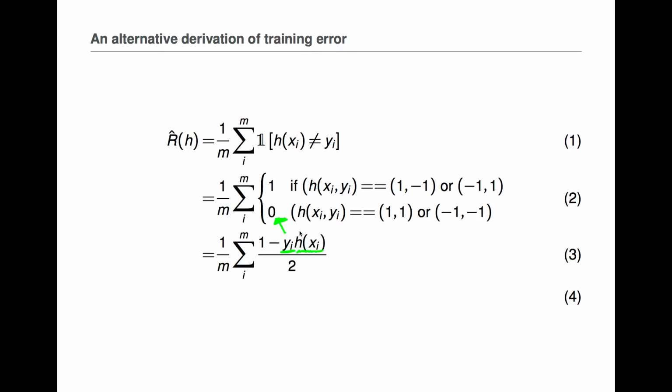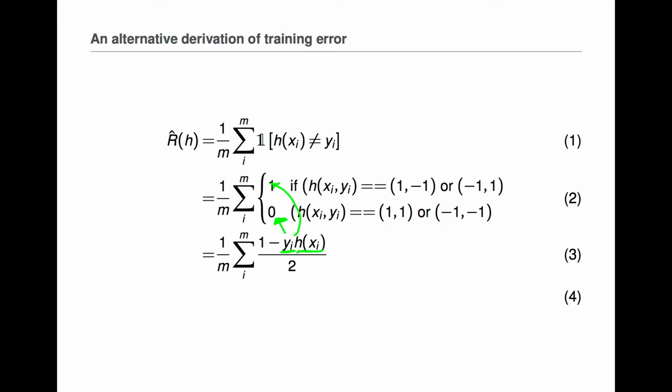But if they disagree, then the result of this will be -1. So you get 1 minus -1 over 2, which is 2 over 2, which is 1. And so that gives us this result here. So with a little bit of algebra, we've rewritten our expectation and our indicator function in this way.